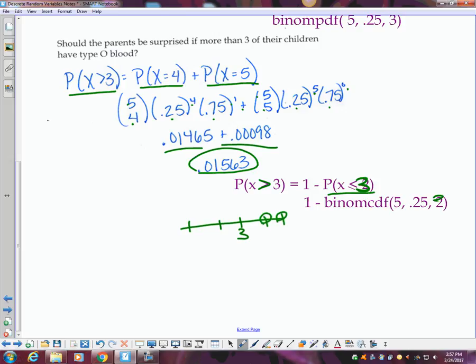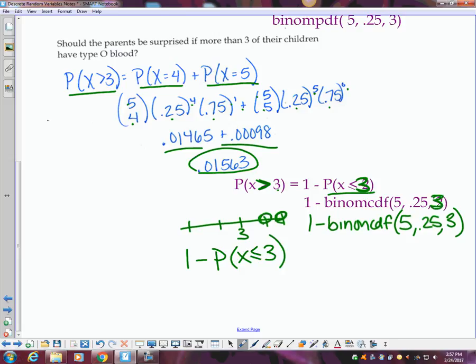So this would be a 3. So 1 minus binomial CDF, because we're now in an inequality, 5 trials, 25% success rate, and I want 3 to succeed.